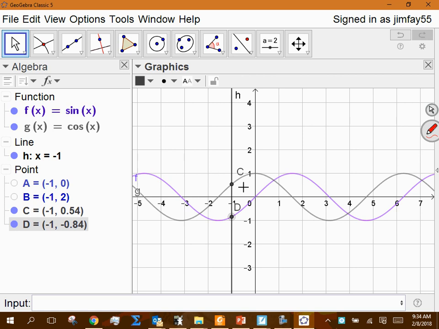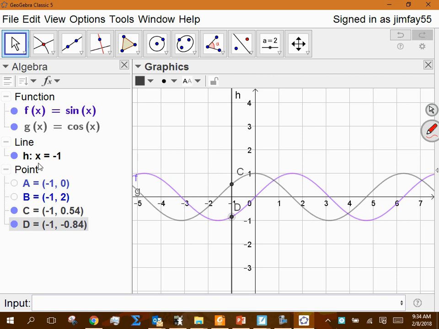If I take the y value that goes with D, and the y value that goes with C, and I divide those, it's going to give me another value, right? That quotient is exactly the same thing as tangent at that x. Does that make sense? And right now I've got x at -1.